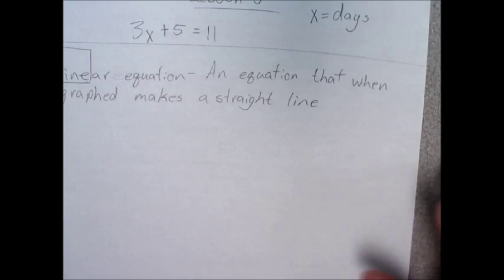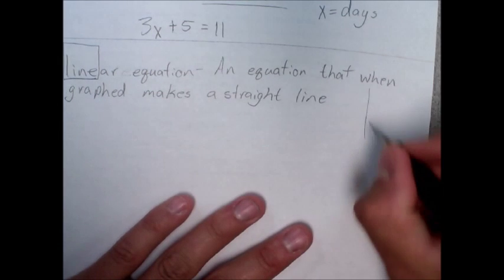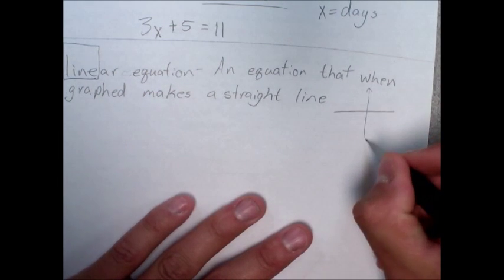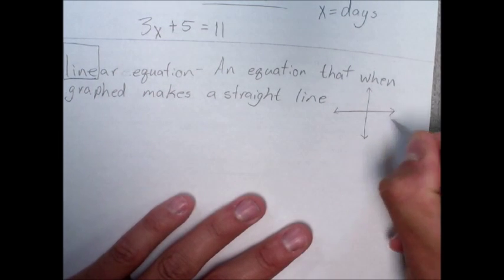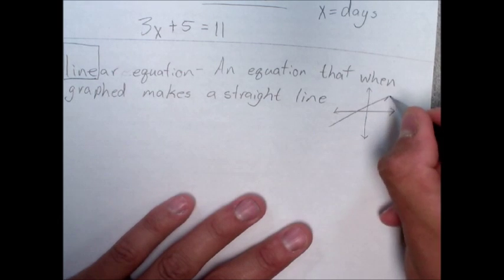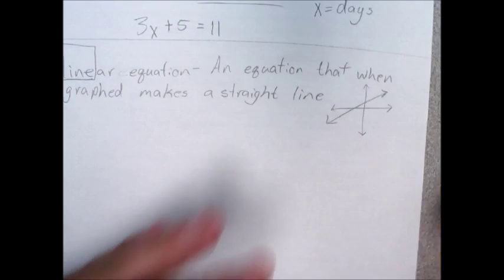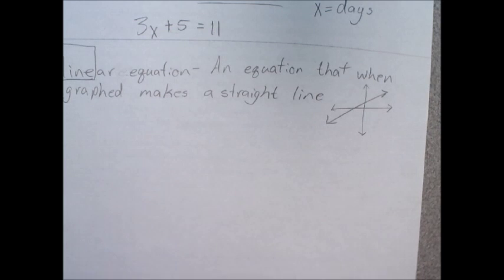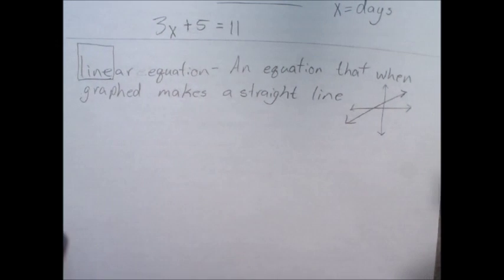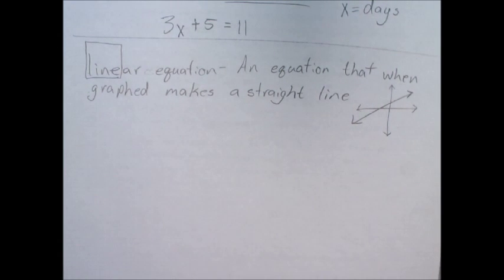And if you want a picture of it, it's real simple. Just make an X and Y axis like this. Make sure you mark them with arrows, and then draw a straight line. Bam. Easy peasy. Okay. An equation that when graphed makes a straight line, period.